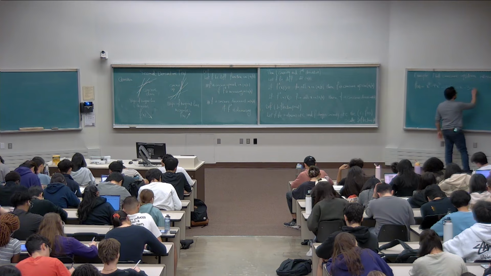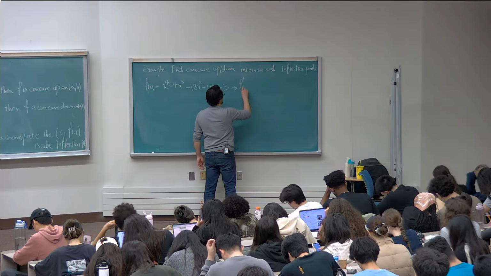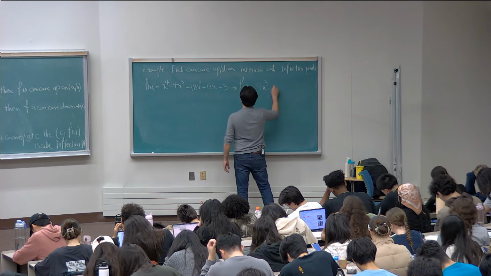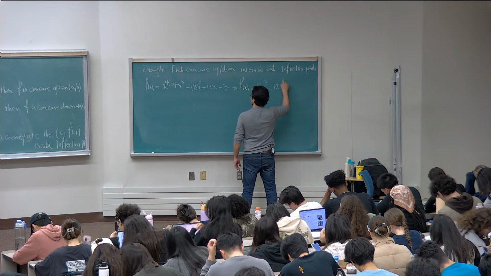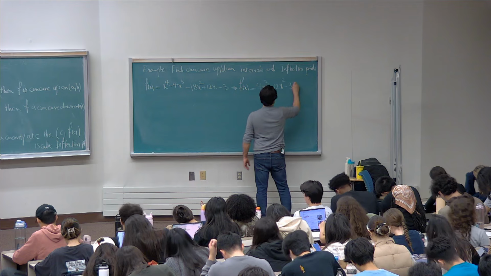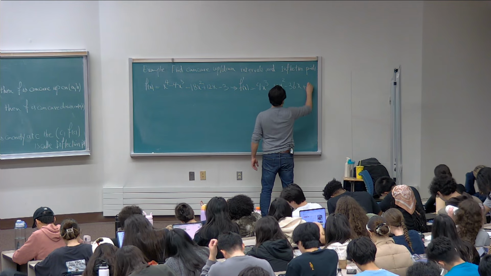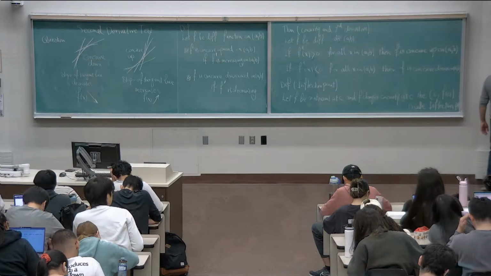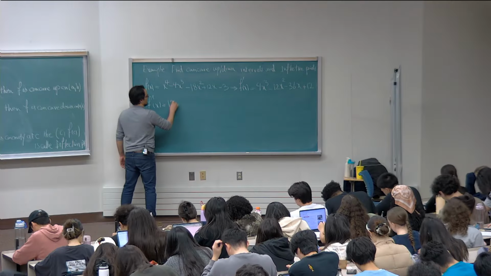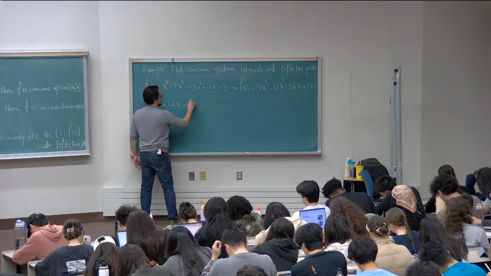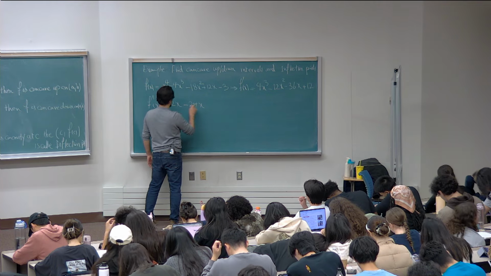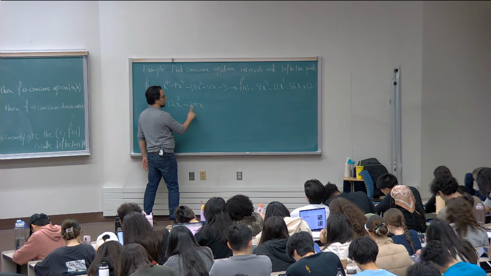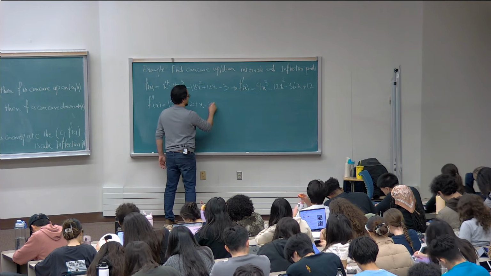I'm interested in finding the second derivative. I start with the first derivative: 4x cubed minus 12x squared minus 36x plus 12. Then the second derivative is 12x squared minus 24x minus 36.